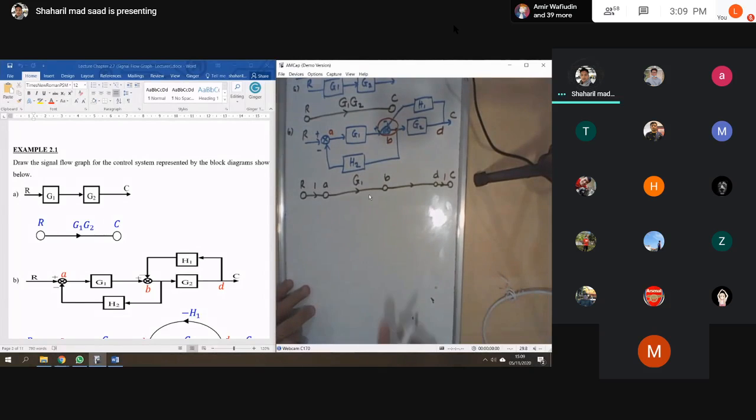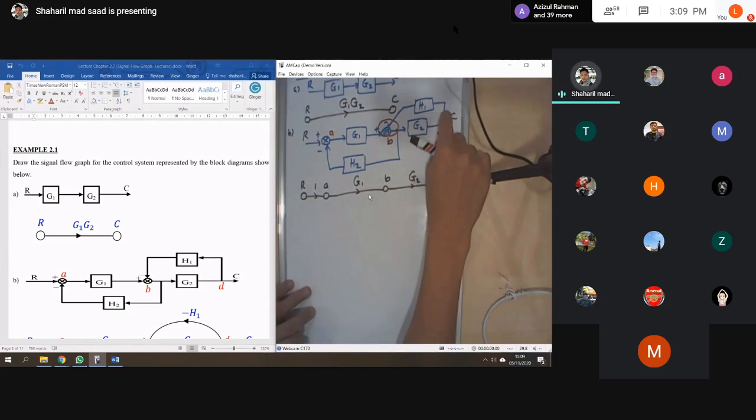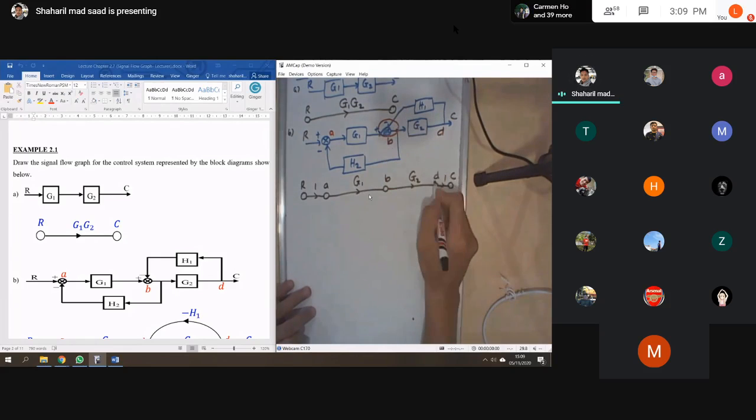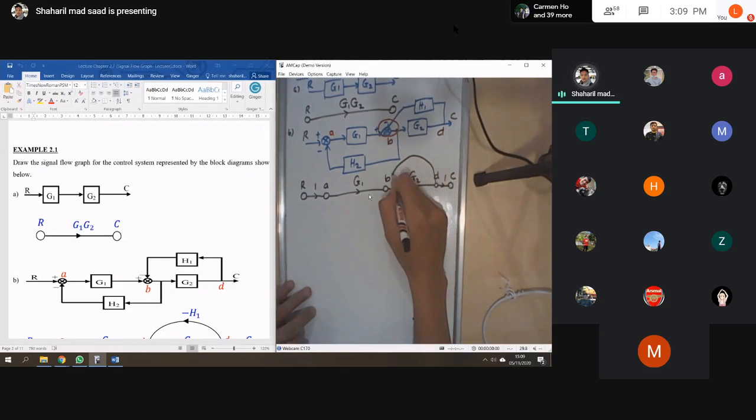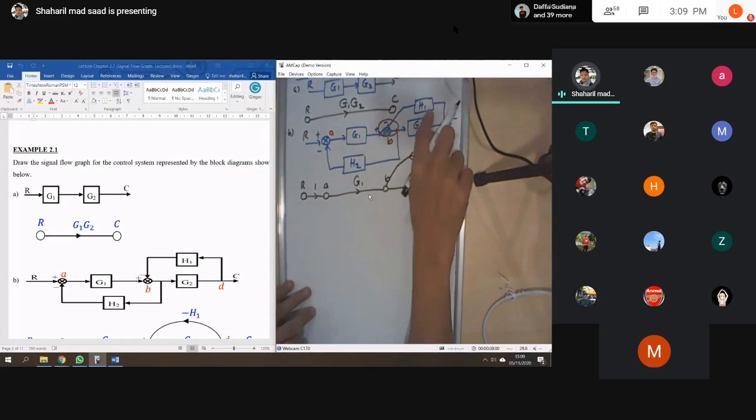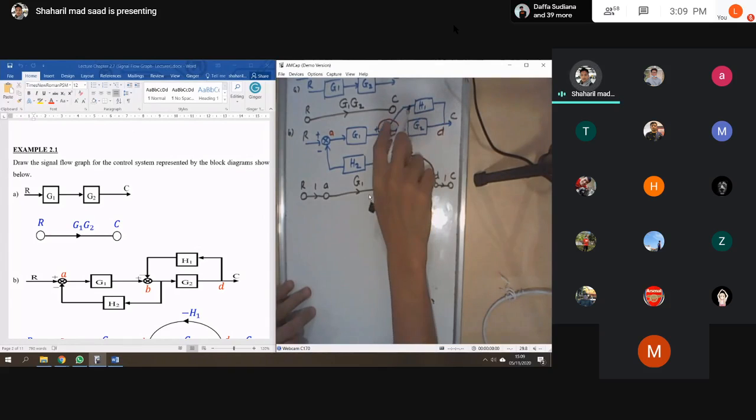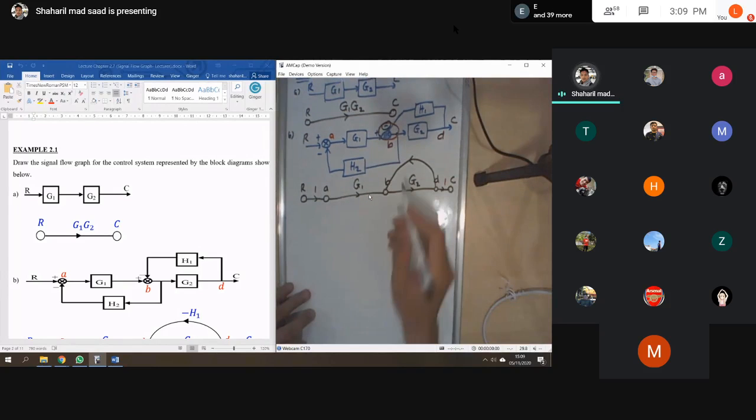Then B to D is equal to G2. Done. After that, you draw the feedback. D to B is H1, but you need to look at the minus symbol, so it becomes minus H1.